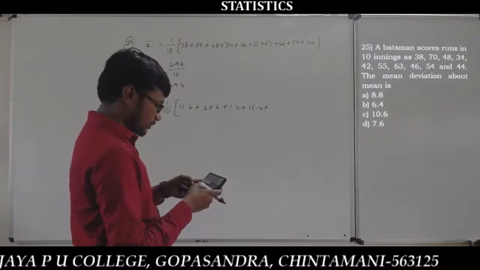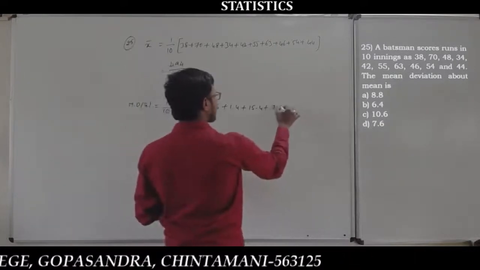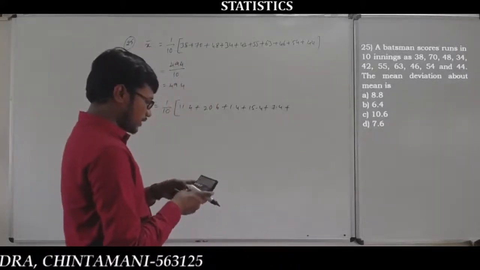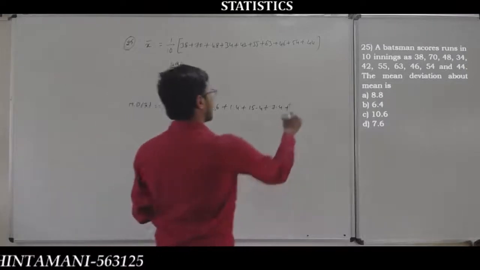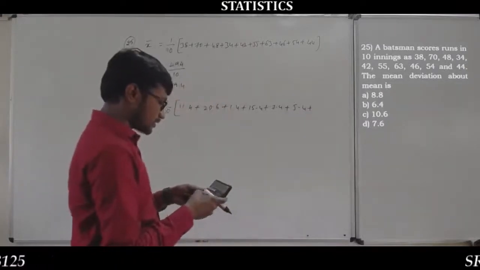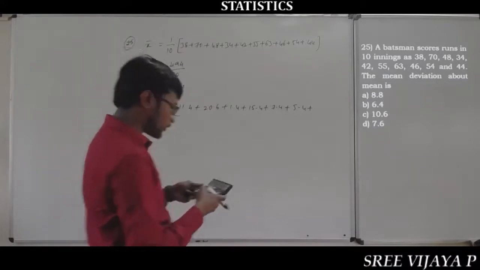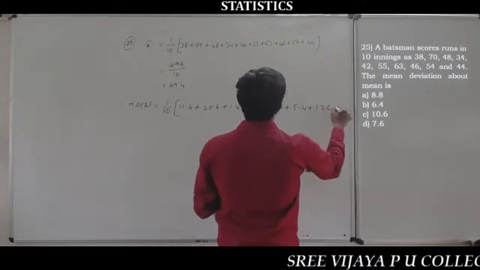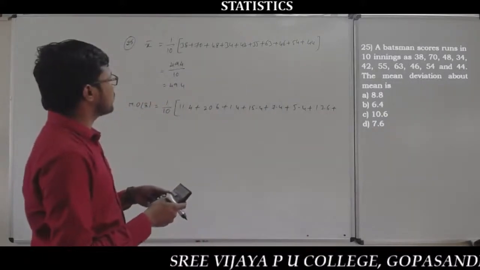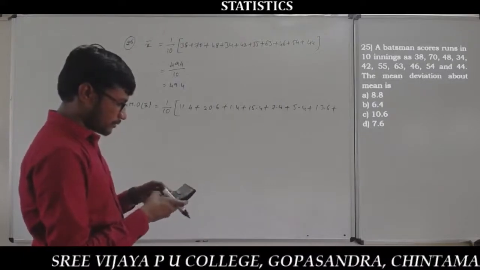42 minus 49.4, you get 7.4 negative, but you can take it as positive. Then 55 minus 49.4, you get 5.6.